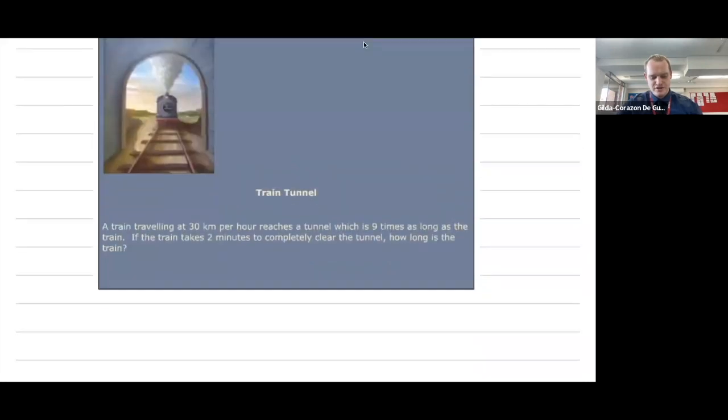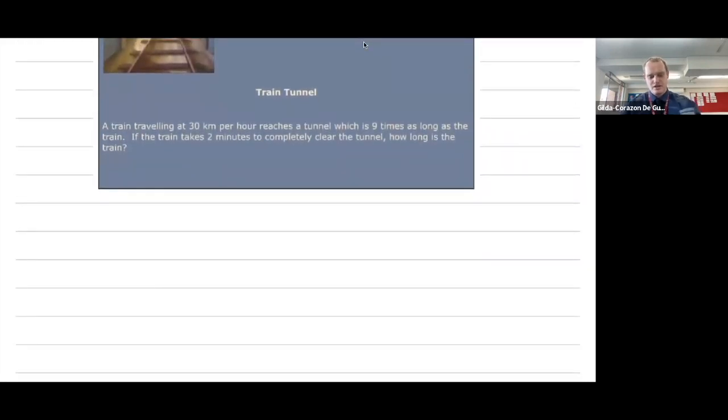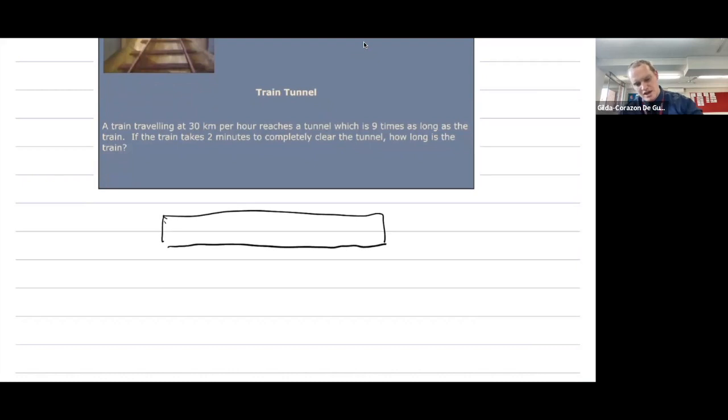When we first think about this question, we can draw a tunnel, for example. Okay, so there's a tunnel. And then we've got a train. So the train's here, let's say. And then it travels through the tunnel to the other side.